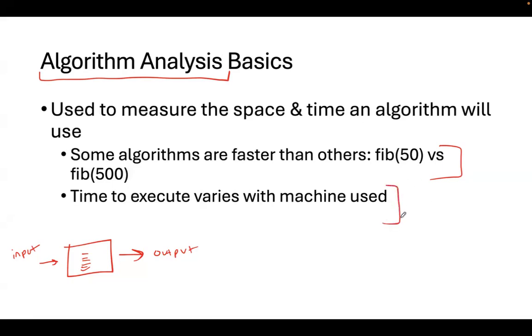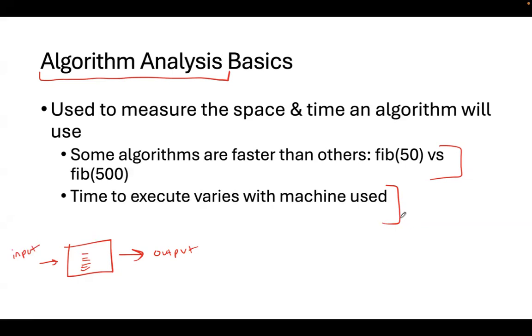I will also note that the execution time, depending on which machine you're using, can be different. So like if I'm on this computer, which is reasonably fast, it's only a couple of years old, then it might not take a very long time. But if I pull out my computer from 10, 20 years ago from my closet, it's going to be really slow.